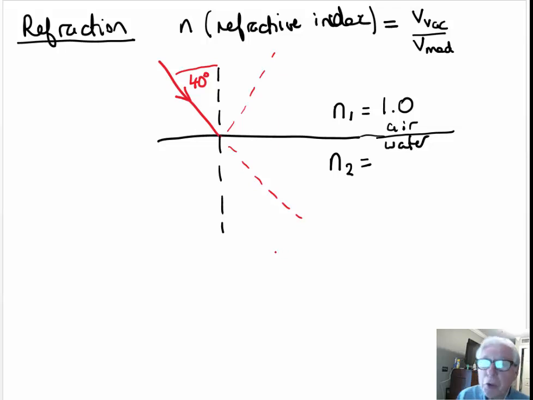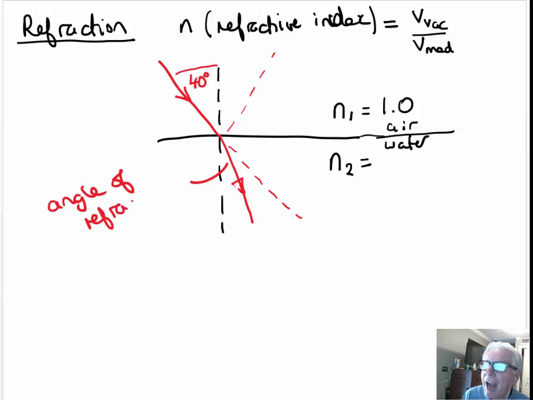It doesn't go in a straight line because these two refractive indices are not the same. It's going to bend either more towards the surface or more away from the surface. The way it works is if you're going from a low-n medium to a higher-n medium, you bend away from the surface. And this here is my angle of refraction, not reflection, but my angle of refraction.